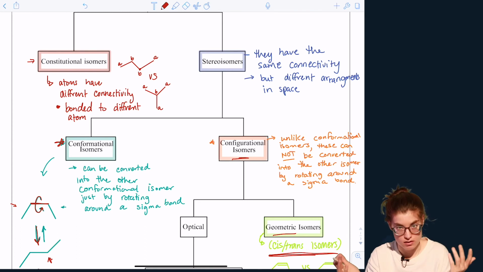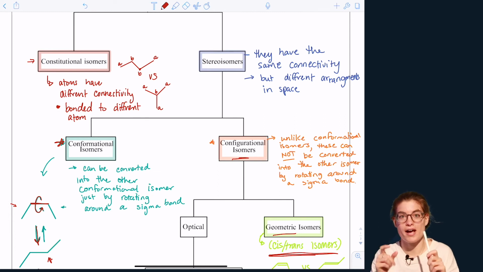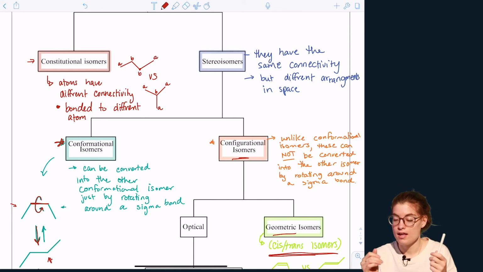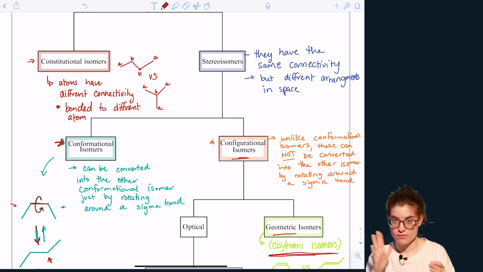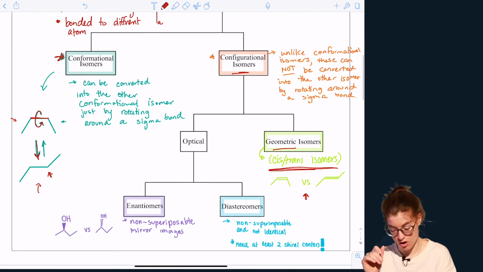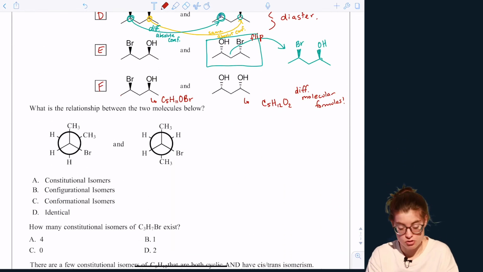Newman projections are awesome for visualizing conformational isomers. They're awesome for visualizing the rotation around a single sigma bond. So a lot of times when you are talking about conformational isomers, you might be looking at a Newman projection, because that's what a conformational isomer is. It's all about rotation around a single bond.